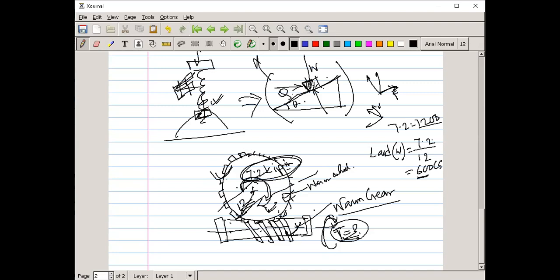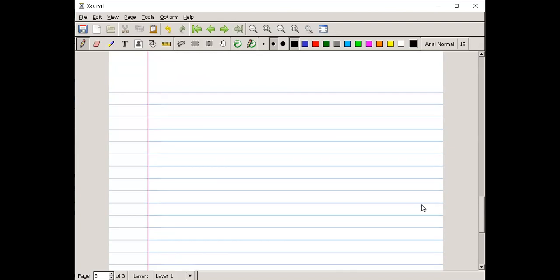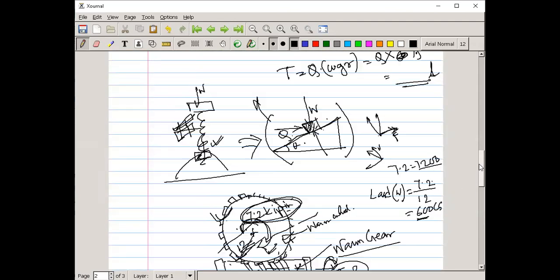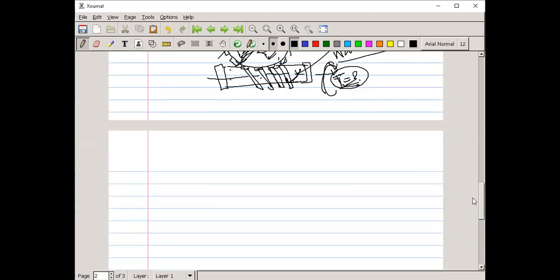Yes, sir. Okay, see, next. For this, what do we have to do? I already told in the previous lecture that if the square threaded concept is like that, we have to convert it into the equivalent figure. So here also similarly we have to convert it into the equivalent figure.